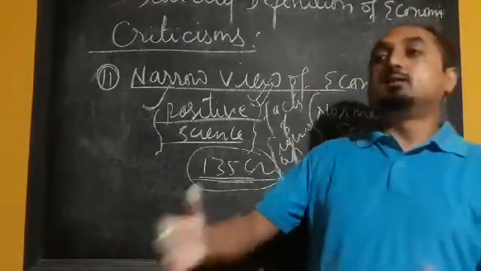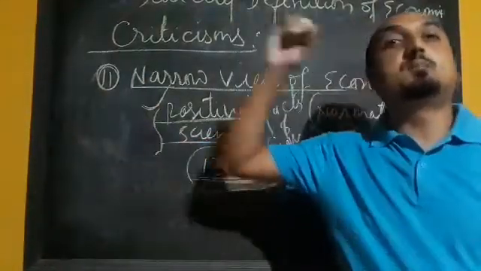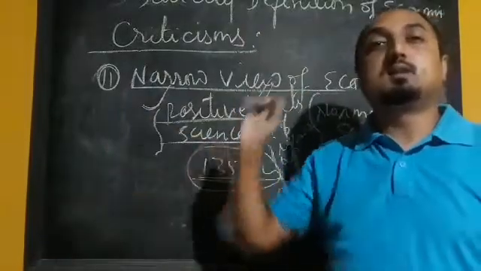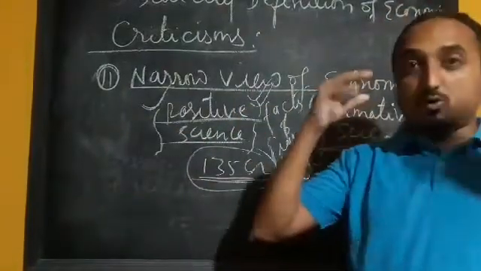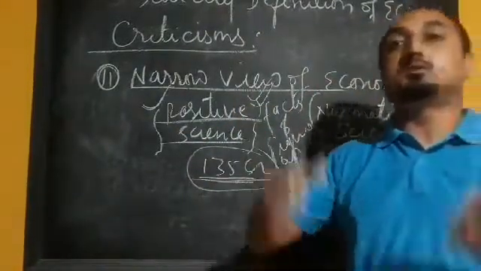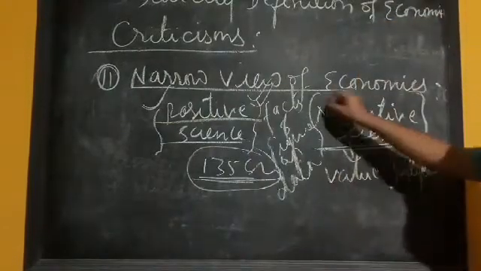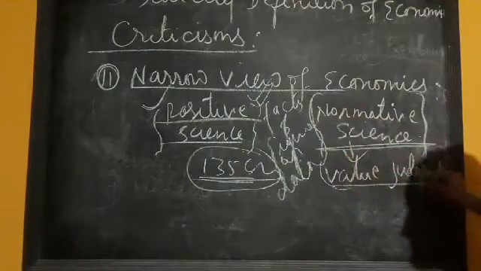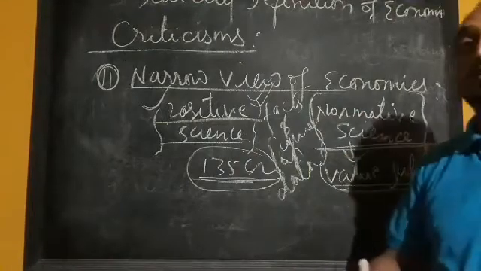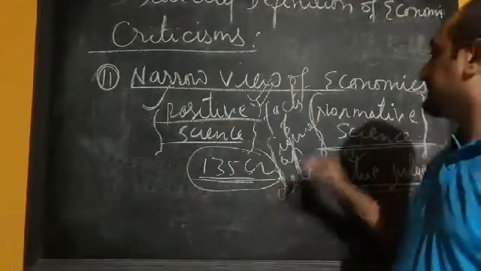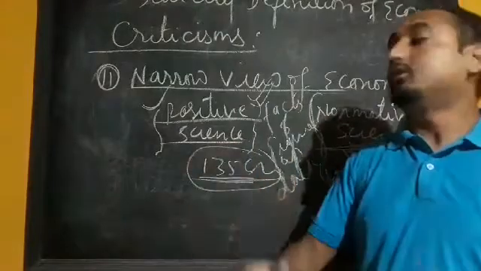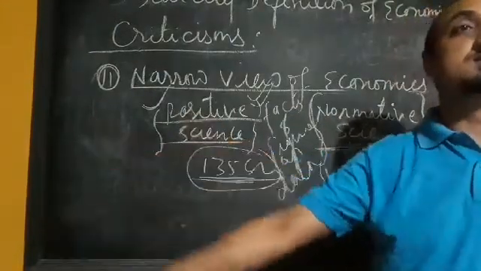Sometimes we say this should not be there, that should not be there. Here we are giving our opinion, our view, our perspective. If that is concerned, then that is normative science. So according to the other group of economists, economics is a normative science, not a positive science.